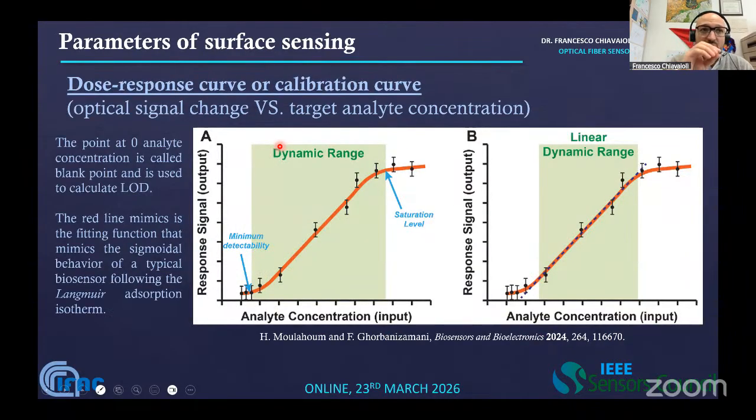And then when we have collected the experimental points at different concentrations, we can draw what is called the calibration curve or dose response curve, which is simply the optical signal change versus the target analyte concentration. This is a typical dose response curve.